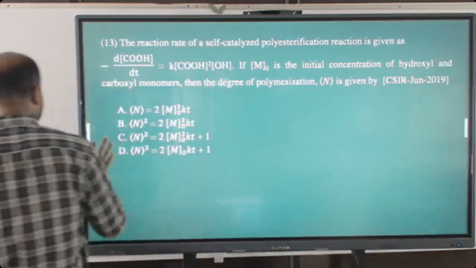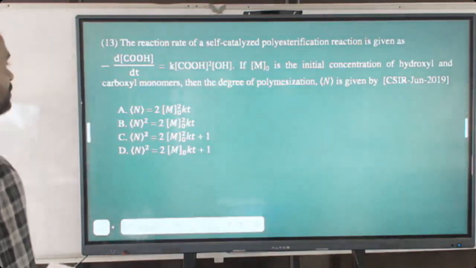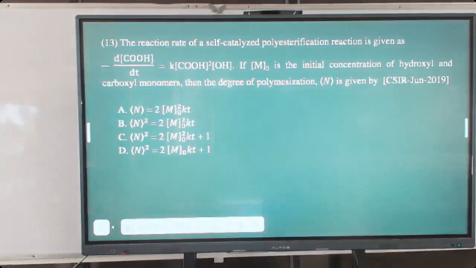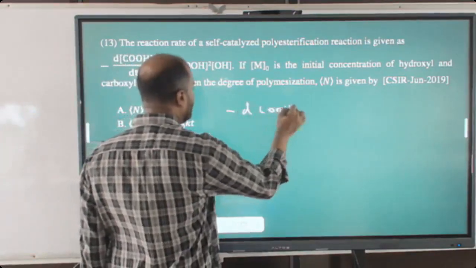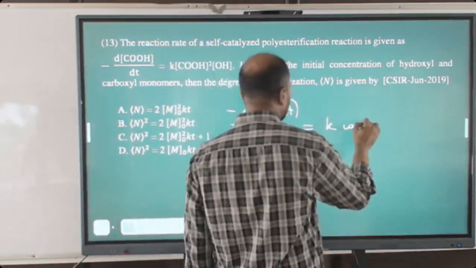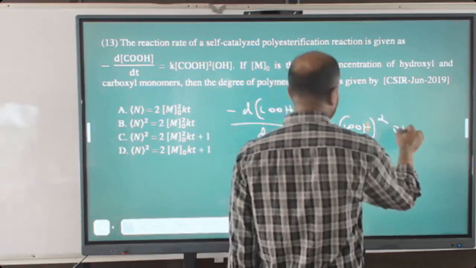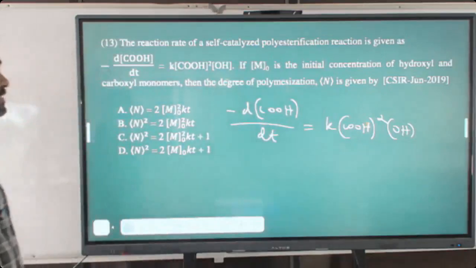Question 13. The reaction rate of self-catalyzed polyesterification reaction is given as minus d[COOH] by dt, that's equal to K into [COOH] square into [OH], where M0 is the initial concentration of hydroxyl and carboxyl monomers.